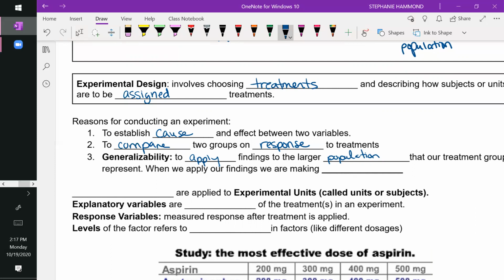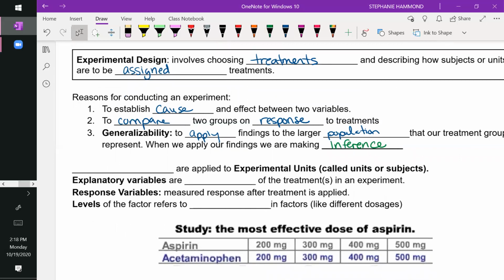That's generalizability. If I can apply what we learned to the whole population, then we've kind of met our goal. When we apply our findings to the whole population, we're also doing what we call making an inference. We talked about inferences before, and inferential statistics. Making an inference is when we apply what we learned from our study.